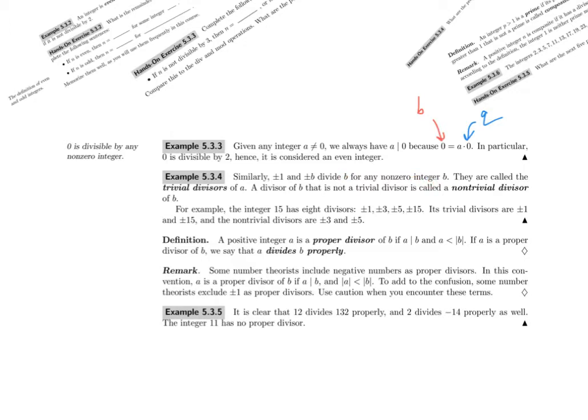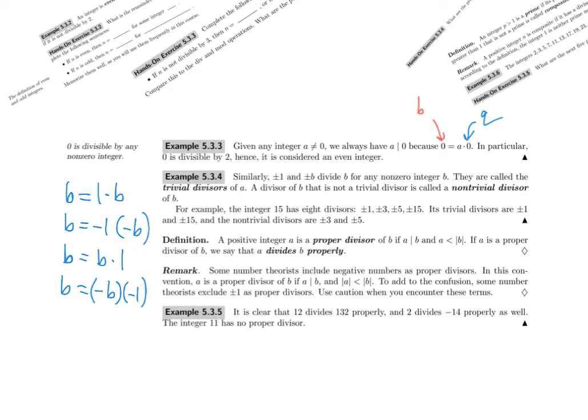I can always write b is equal to 1 times b, or b equals negative 1 times negative b. I can write b is equal to b times 1. b is equal to negative b times negative 1.